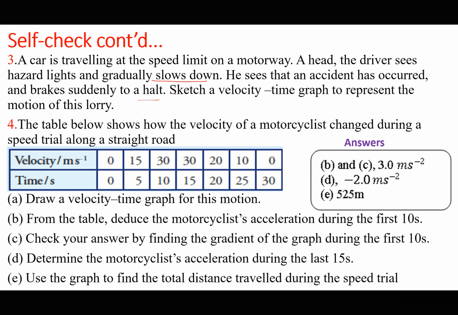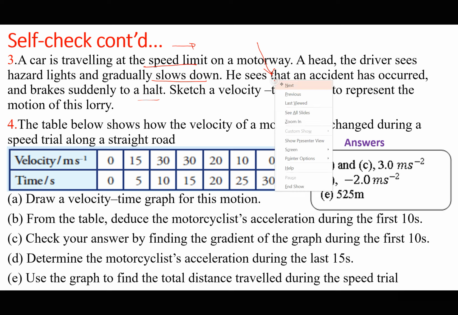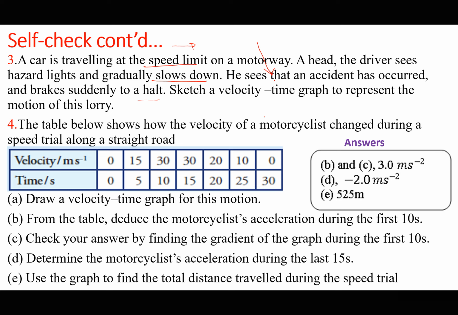So it was moving at the speed limit, which means a constant speed. Ahead, the driver sees hazards and gradually slows down, so the speed decreases. He sees the accident and brakes suddenly, so the speed decreases again, but this time very rapidly.